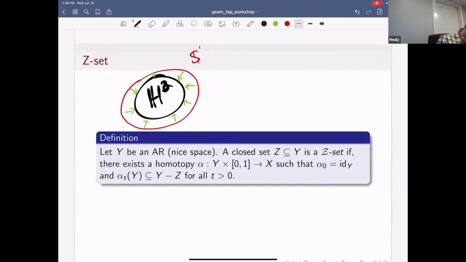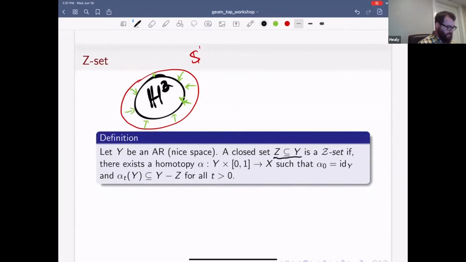Yeah, exactly. And so this boundary has the property that we can pull it into the space. And as soon as you start pulling into the space, you immediately come into this space. So that's what a Z-set is. A Z-set is any topologically trivial subset of the space where you can homotopically retract it inwards without changing the homotopy type.